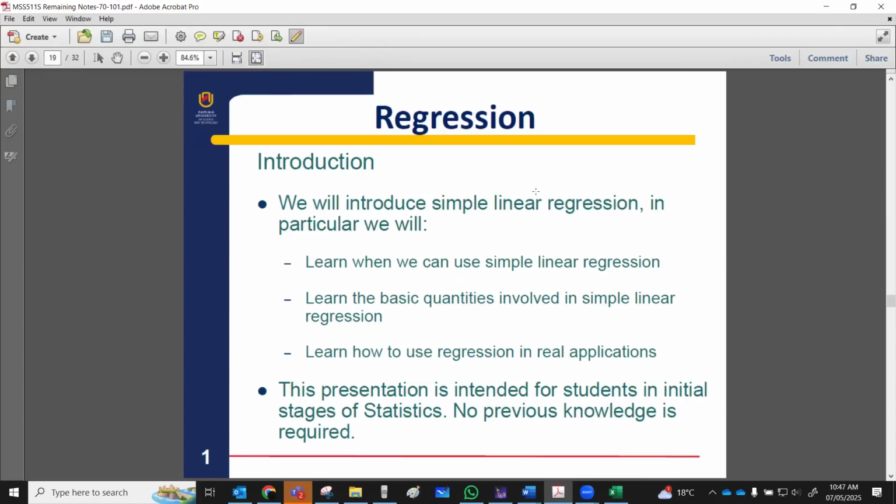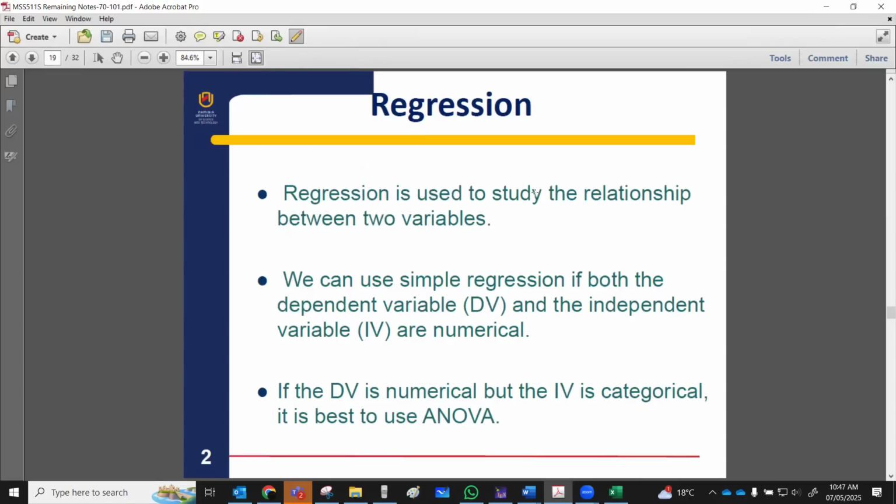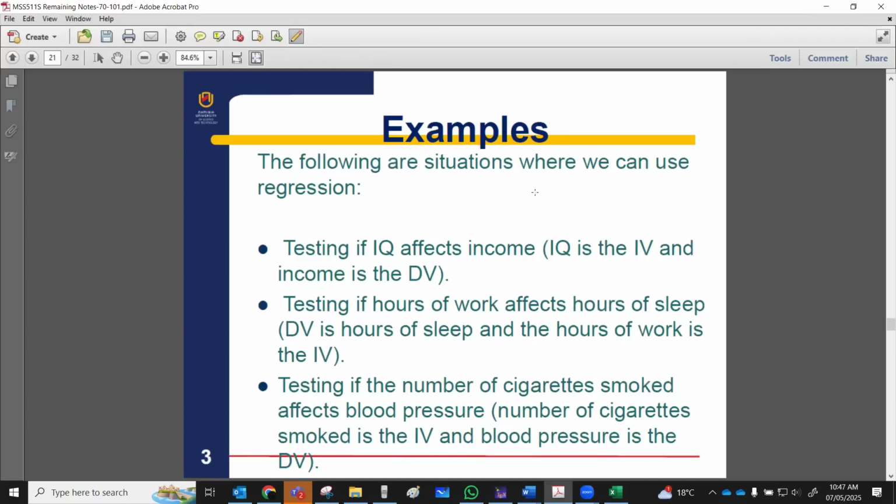But when we look at an actual example, we will go through that one. So you can read through that on your own.